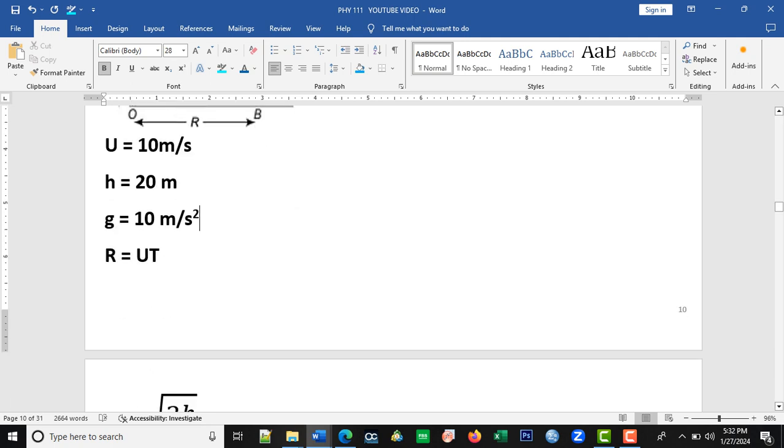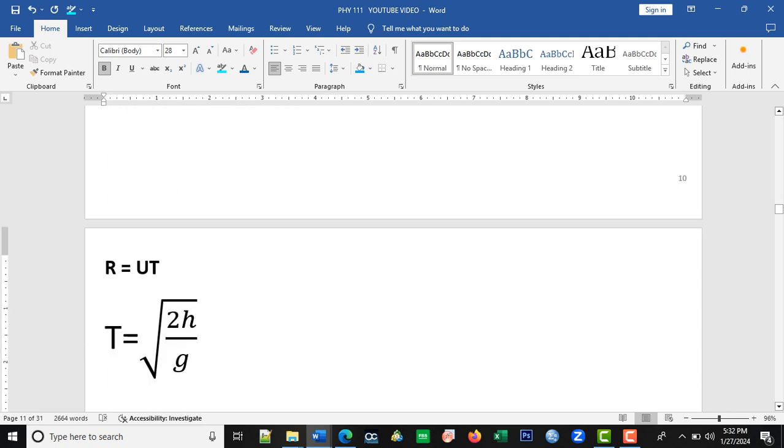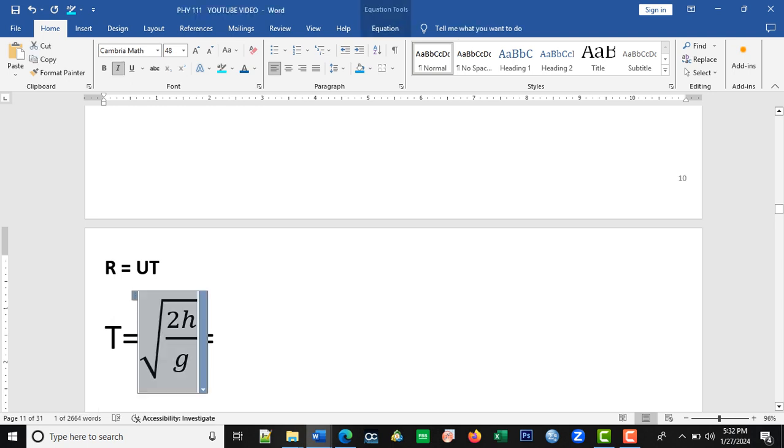That's what we are going to use to find t before we come back and find the range. Without the time of flight, we are not going to be able to get the range.